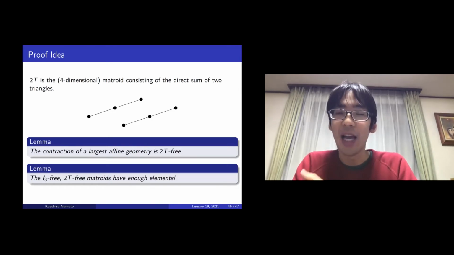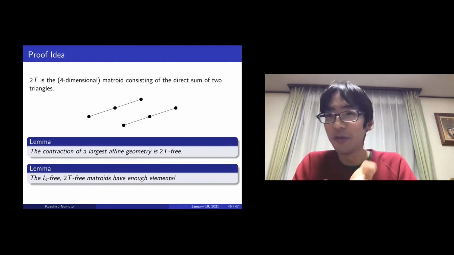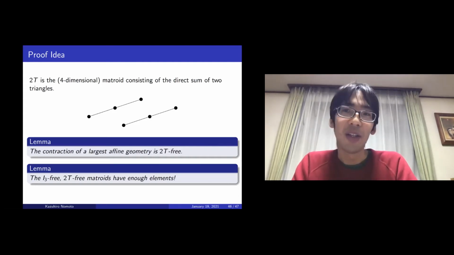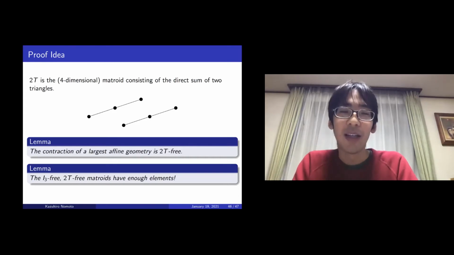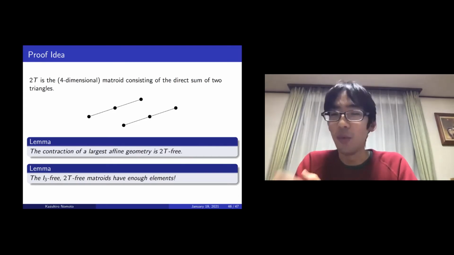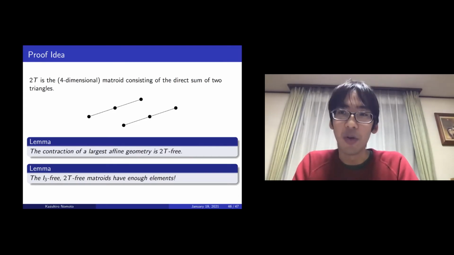I went down from I5 to I3, but then I made my life a little more difficult by going from triangle 3 to 2T3. But it just so happens that the gains are a little more than the loss, and we can actually determine the smallest I3 2T3 matroids, and it works.